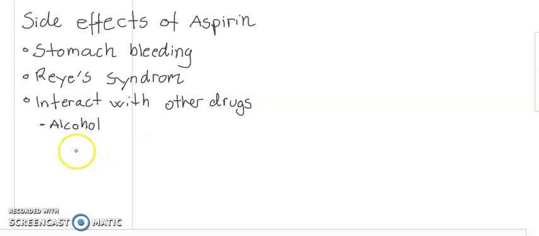And what can happen if you take aspirin and alcohol at the same time, you can actually have gastrointestinal bleeding. And if you take those two together, it's a quite common side effect. So do not mix alcohol with aspirin.